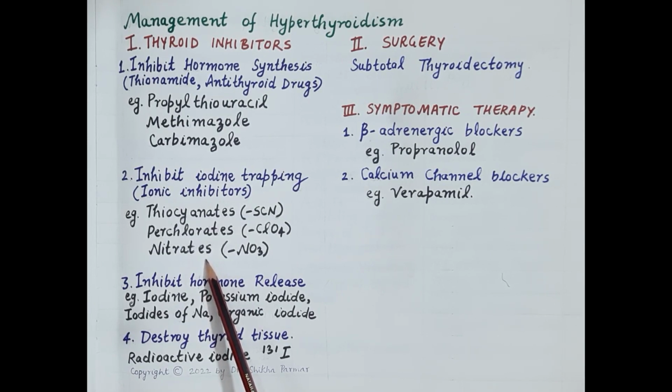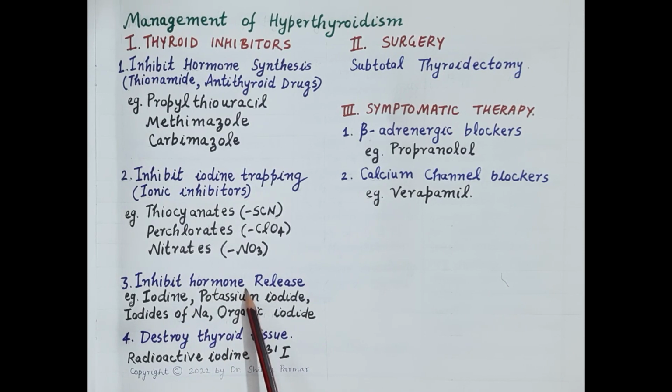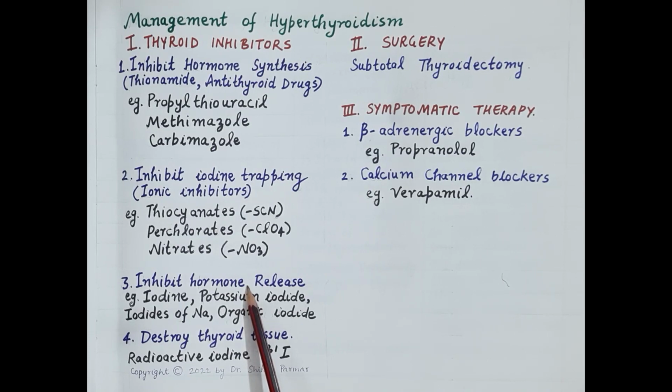Now, next, iodides are the drugs that inhibit release of T3 and T4, which is synthesized by the thyroid follicles, into the circulation. That means these drugs prevent the release of T3 and T4 from the thyroid gland into the blood.